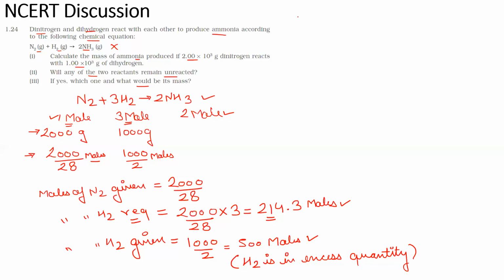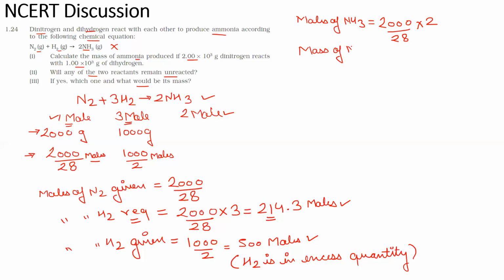Okay, guys. So the moles of NH3 produced is equal to 2000 by 28 moles of nitrogen into 2. Okay, guys. So these many moles of NH3 will be produced.